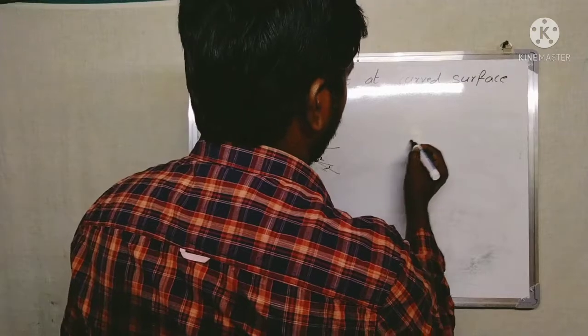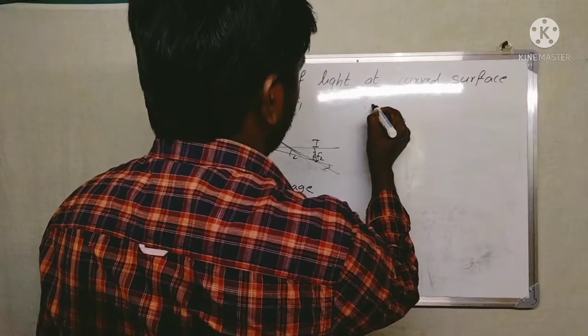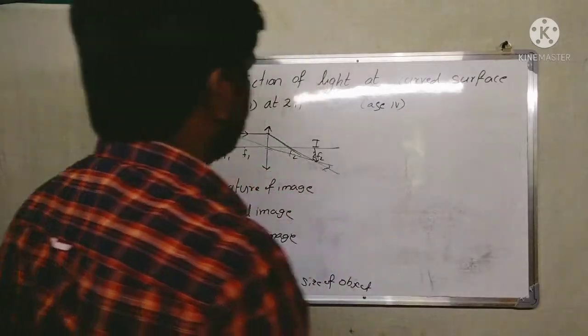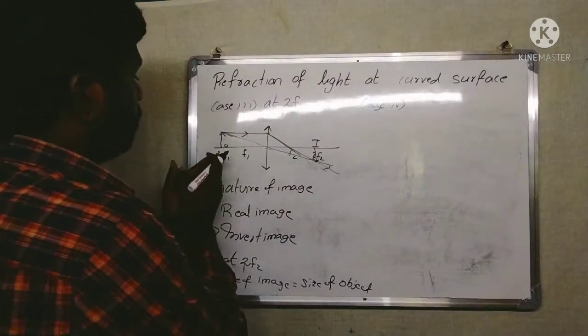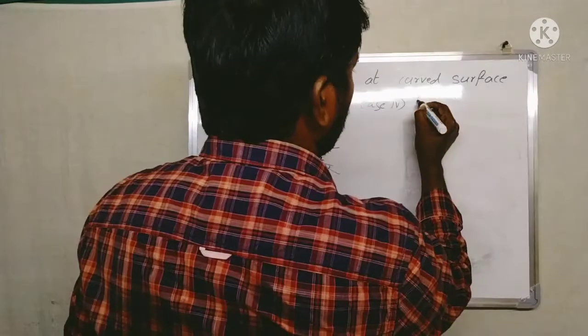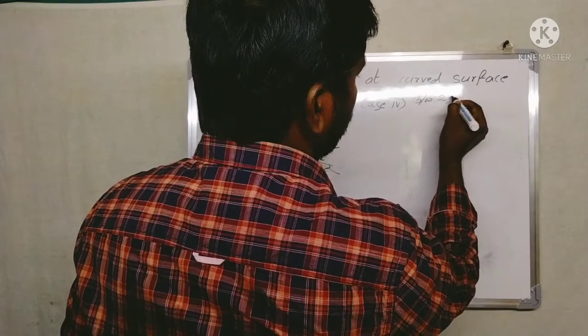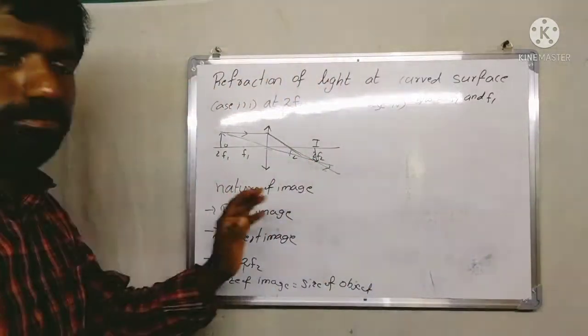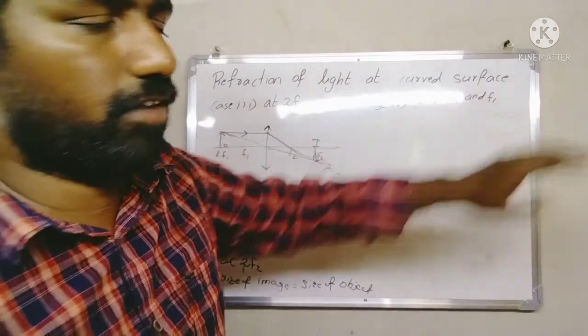And now here the object position is changing. Case 4: now the object is moving toward the lens, between 2F1 and F1. We are keeping the object between 2F1 and F1.